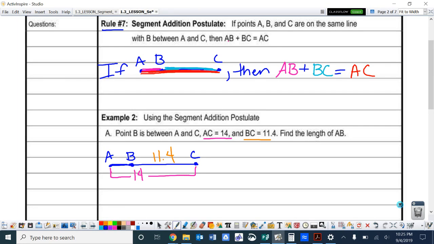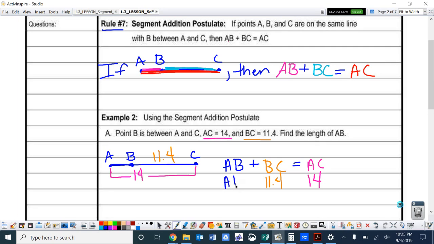So knowing what we have up front, we've got AB plus BC, using our rule, equals AC. But we know what BC is. BC is 11.4. And we also know what AC is, that's 14.